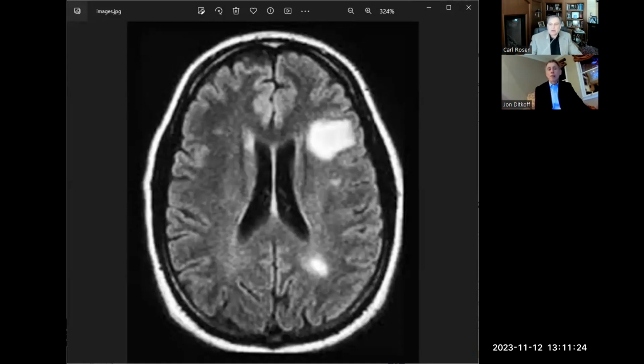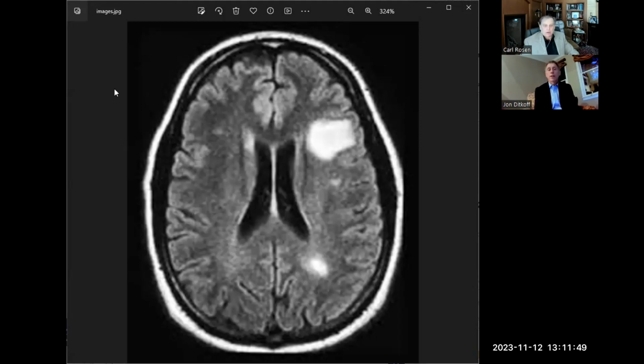So here's an image. You have the ventricular system here. Here's the front part, the frontal cortex. Here's the occipital cortex. This is called plaques. And if we see a big burden or a big load of these, we get more concerned. And we also work in conjunction with a neurologist.